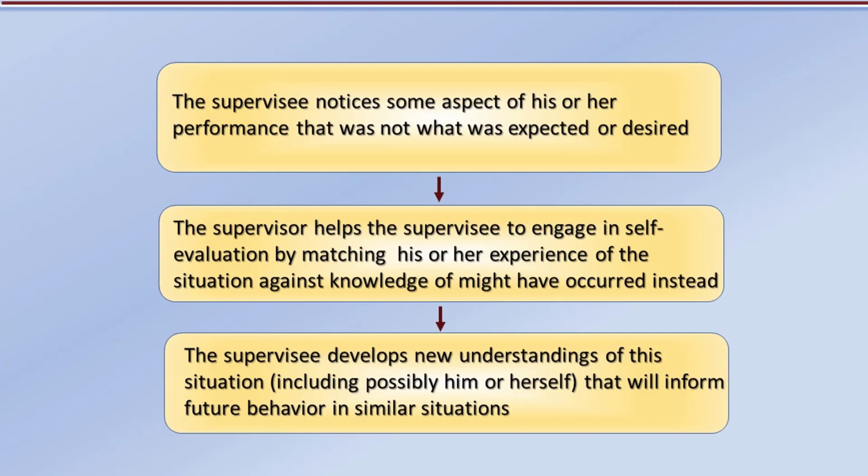And finally, there's the resolution part, where it comes together and the supervisee understands now how he or she might have done it differently. The supervisor's task then is to help the supervisee explore the experience. And in this way, the supervisor's intervention is not unlike what we do as therapists when we help our clients explore their experiences with the intent of developing new understandings and insights. So it's very similar in that respect.